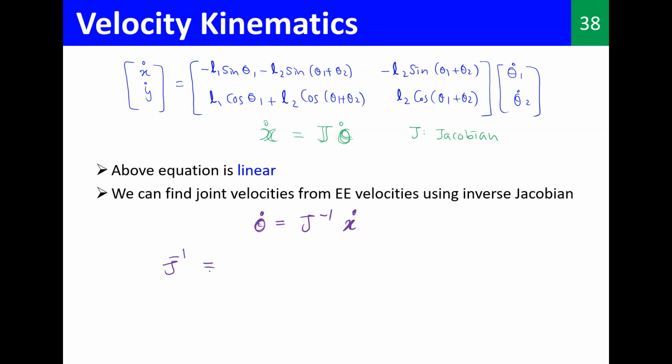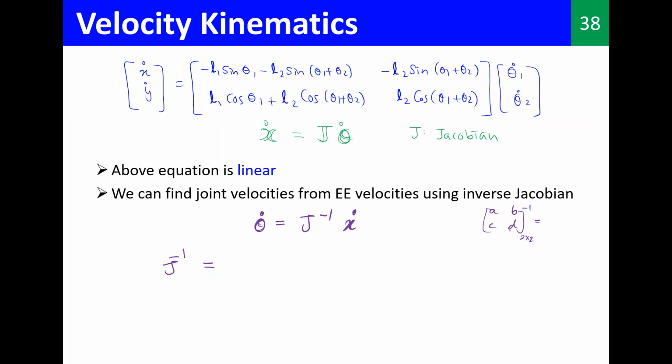Okay, can you try to find J inverse? I hope you remember a 2 by 2 matrix, A, B, C, D inverse. Do you remember the inverse of a 2 by 2 matrix?